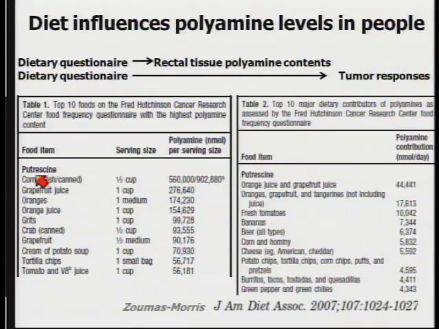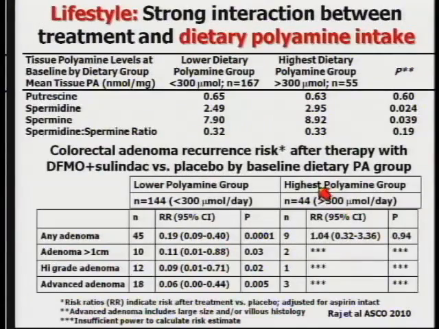I'm only showing the putrescine data here for some amounts. These are amounts that are in diets from patients that were in our trial. We computed those foods that contributed the most of these amines. So you can see, for instance, citrus juices, which use these polyamines in ripening, but also processed foods, meats, cheeses, and so on, appear as high components of these amine contributors.